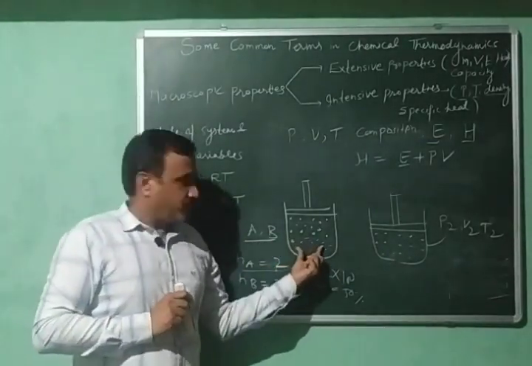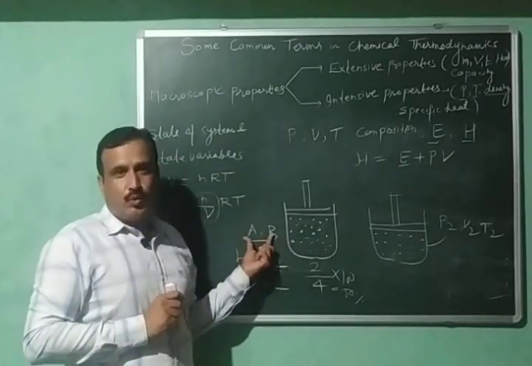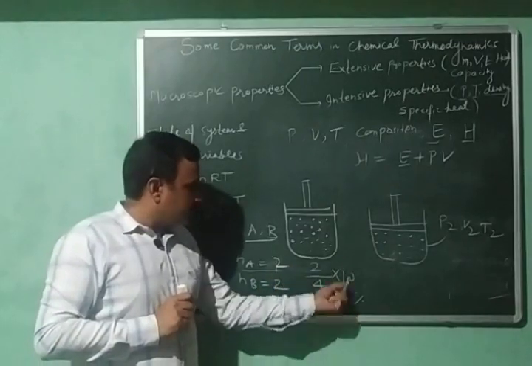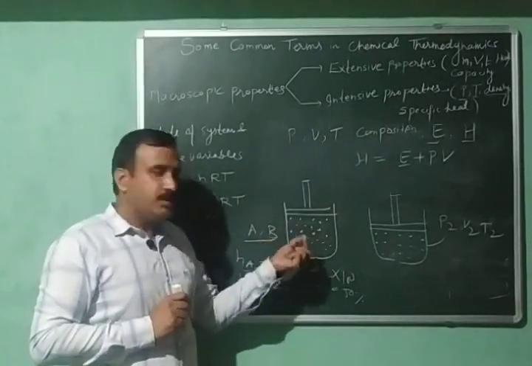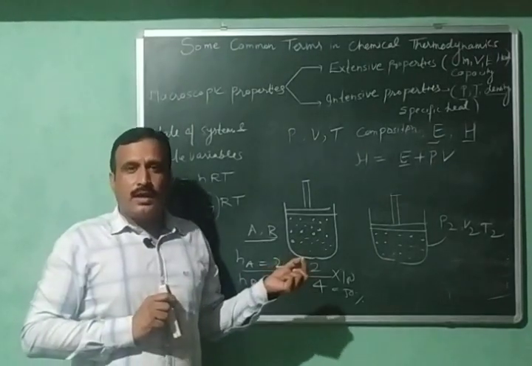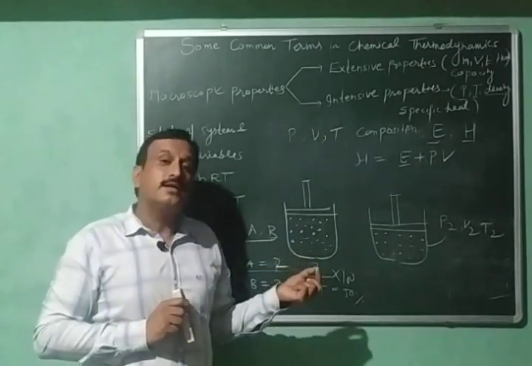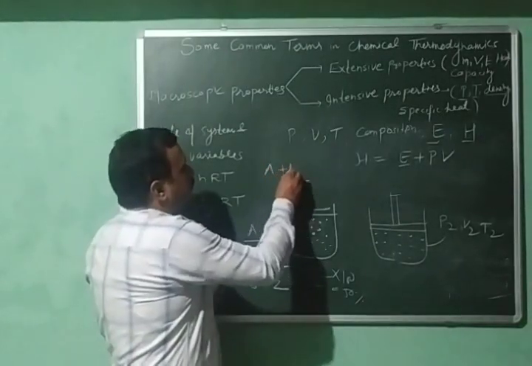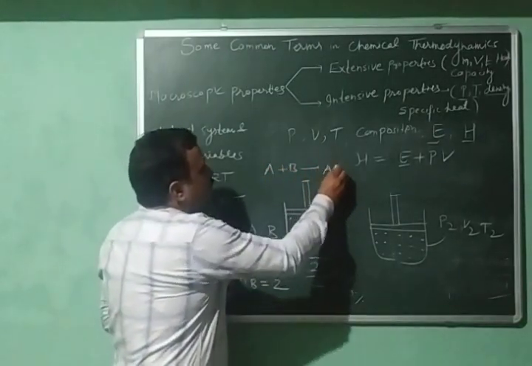Come to this example. Here I had two components, A and B, and they were present in 50% composition. 50% A and 50% B. Okay, now suppose A and B start reacting with one another in this way, that is A and B react with each other to give us what?